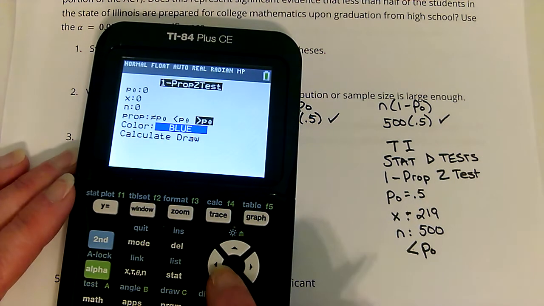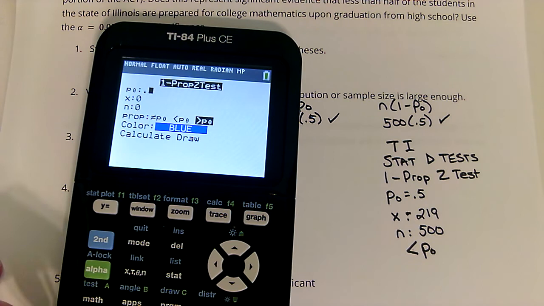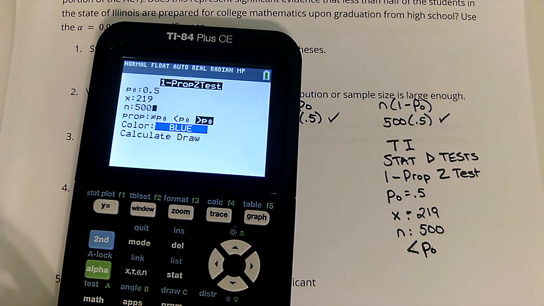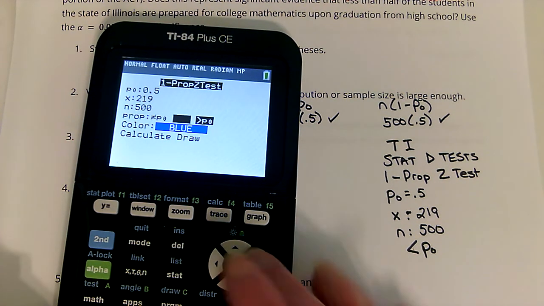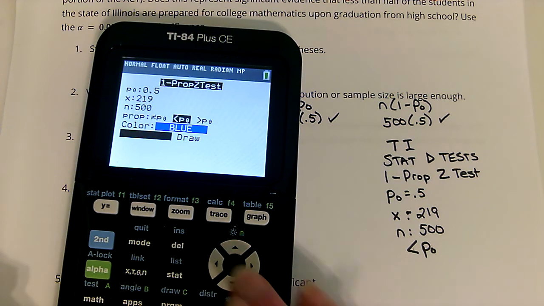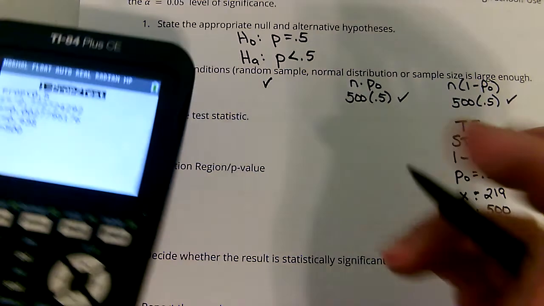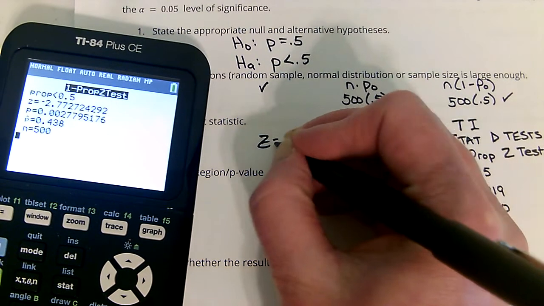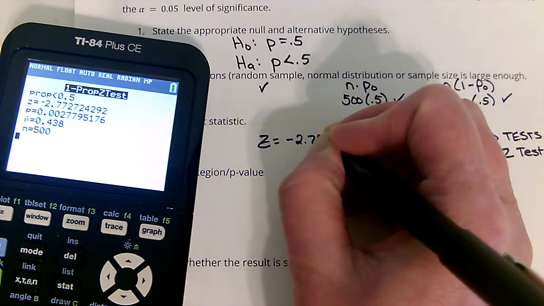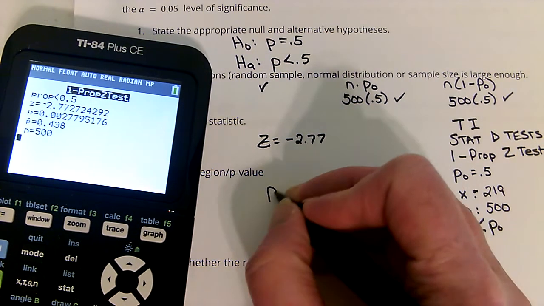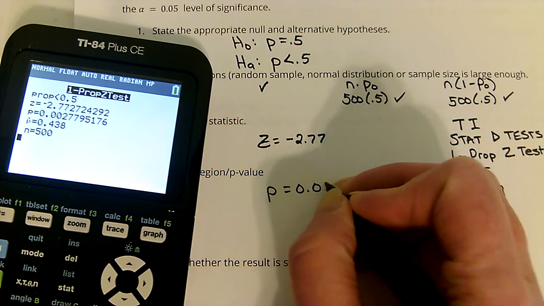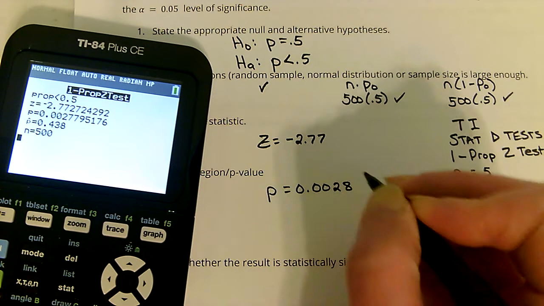So we're going to select, so this is 0.5, 219, 500, and then the less than. We'll go to calculate, and it gives me a z-score of negative 2.77. It says that P is 0.0028.